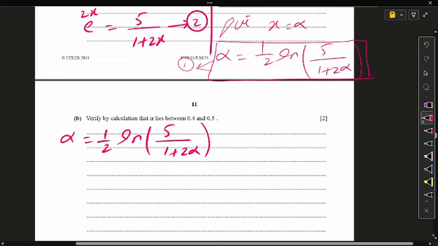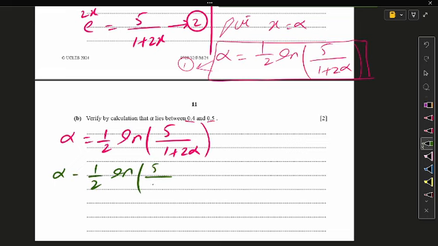You have to put the value of alpha as 0.4 the first time, and the second time you have to put 0.5, and observe whether your answers lie between them or not. So you can do alpha minus 1 by 2 ln of 5 over 1 plus 2 alpha, which is equal to f of x, or you can also say f of alpha.